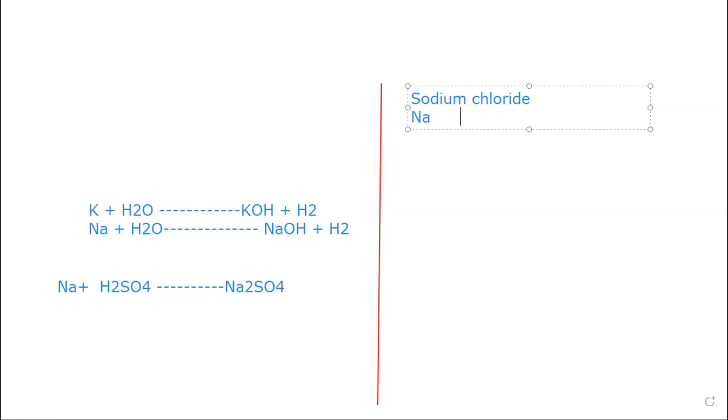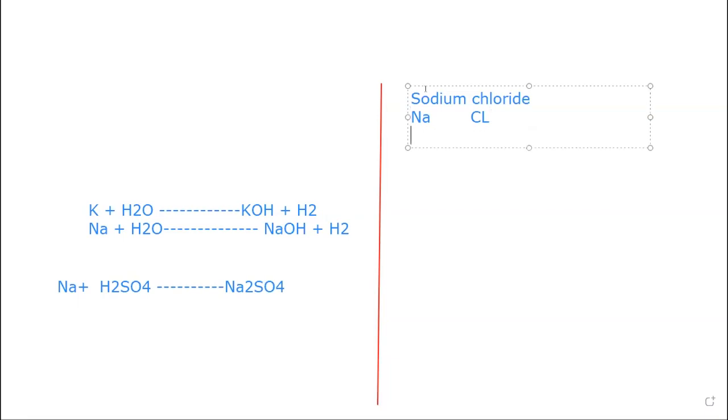Okay, and the chloride. What is the symbol of chloride? Cl. Chloride in this case is an ion, but we say chlorine in the case of the atomic state, okay?